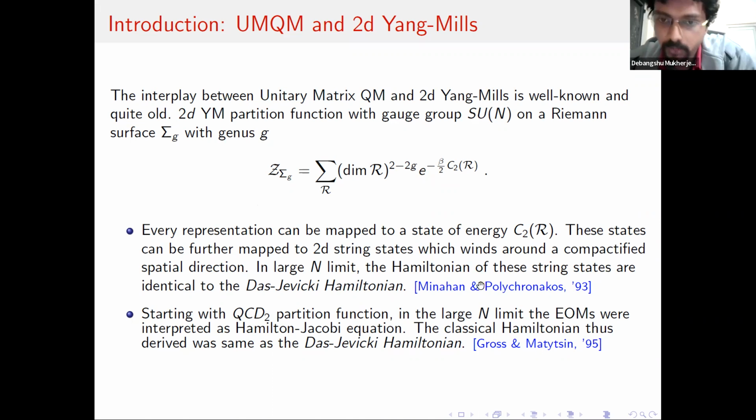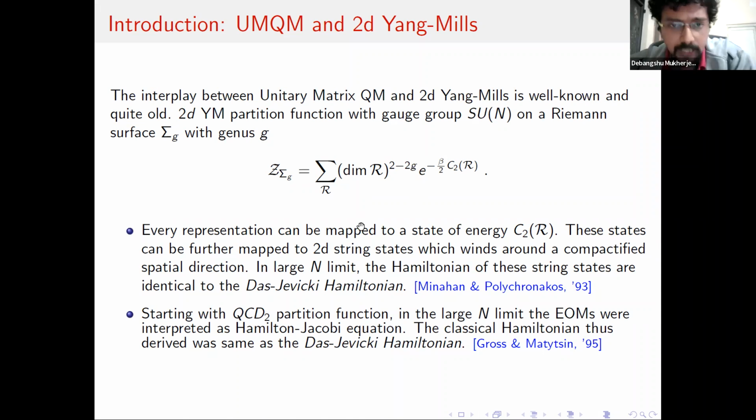One is by Minahan and Polychronakos, which goes back all the way to 93, where they essentially mapped every representation onto a quantum state which carries the energy C2 of R. You should be intuitively able to see this, because if you map this partition function to the standard partition function in statistical mechanics, C2R is precisely something that corresponds to area, and the factor in front, dimension R to the power 2 minus 2G, is something like the degeneracy, whereas beta is something like temperature.